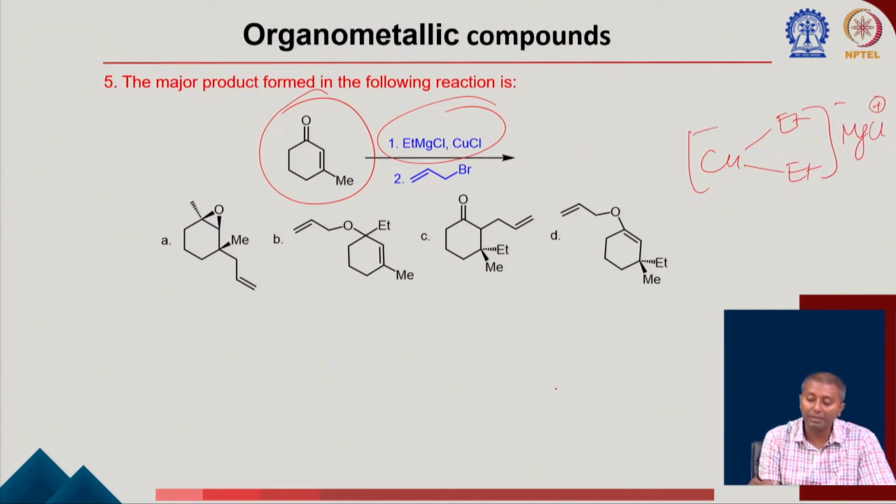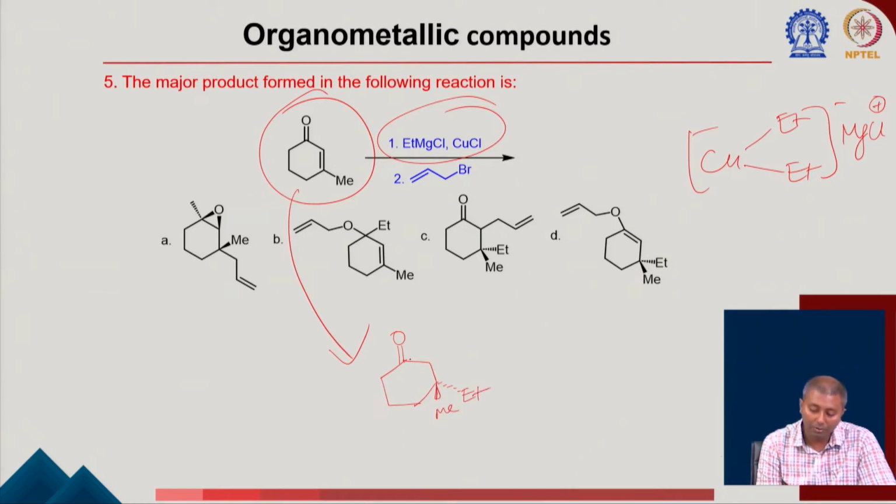And this can react with the alpha beta unsaturated carbonyl compound to introduce the corresponding group. So you have a methyl group here, so you will be introducing another ethyl group.